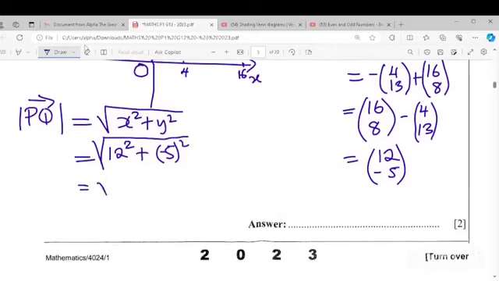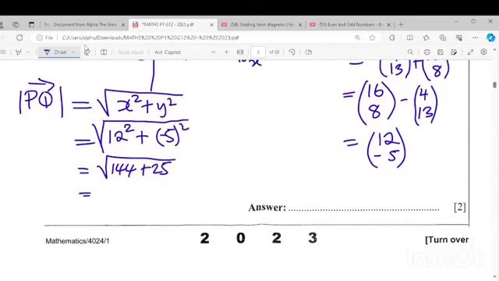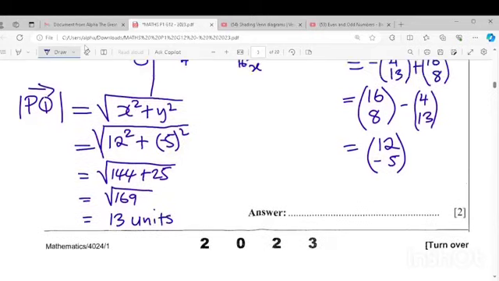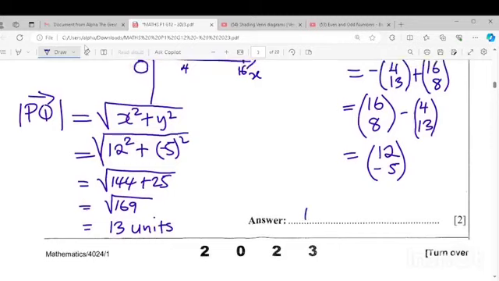So you have 12 squared is 144 plus negative 5 squared is 25. 144 plus 25 is 169. Then the square root of 169 is 13. So you're going to say 13 units. This is the magnitude of the vector PQ, 13 units.